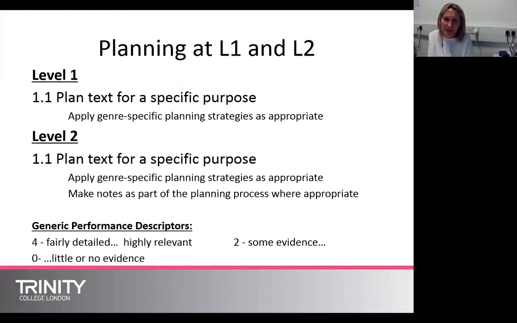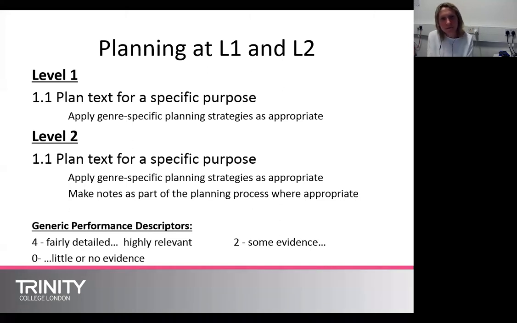You wouldn't plan a message or a short informal email that you're sending to your friend. So this is what we would expect the candidates to recognize at level 1, level 2, that you don't plan informal messages and emails. So we would expect candidates to not plan task 4 at level 1, at level 2. They must plan at least 1 task.